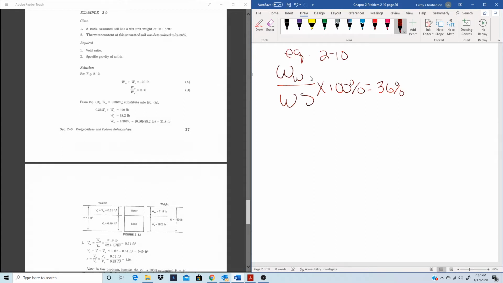Okay, so now if I solve for WW, we're going to divide each side by 100. So that'll be WW over WS equals 0.36, because all I did was divide by 100 to get rid of it on this side and divided the percentage by 100. Now I have the weight of the water equals 0.36 WS.